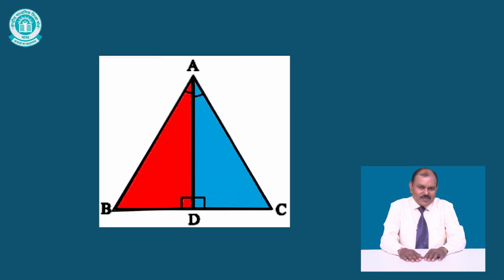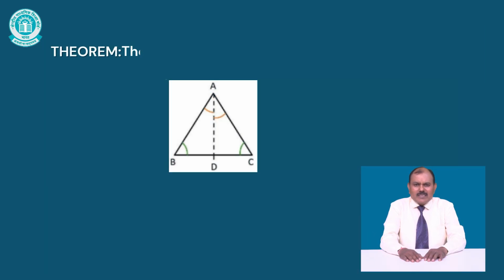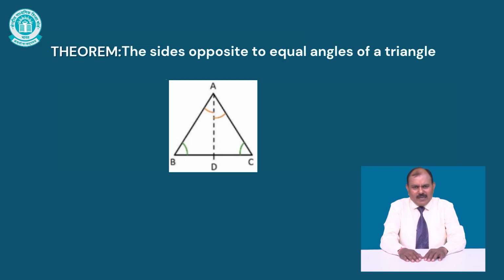Let us prove it. We can state the converse of the previous theorem as: the sides opposite to equal angles of a triangle are equal.